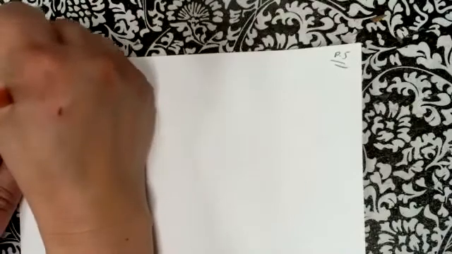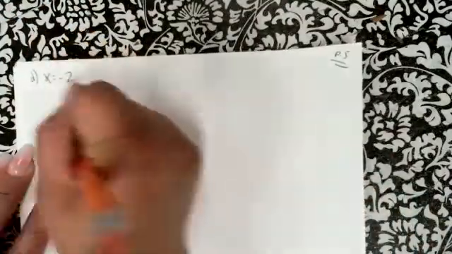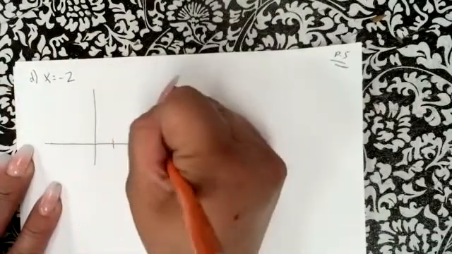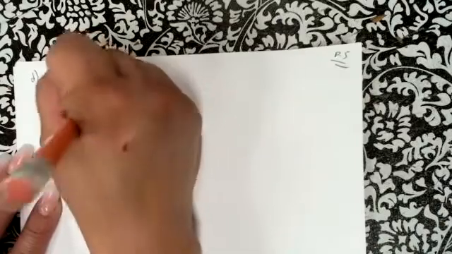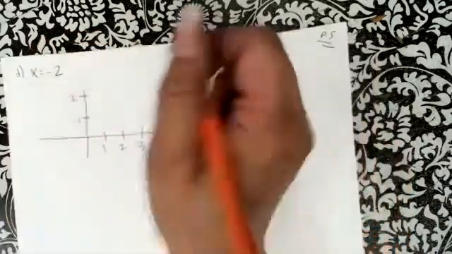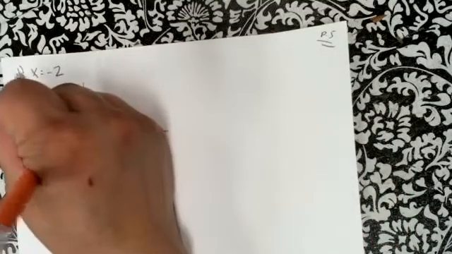I'm going to revolve it around the x equals negative 2 line now. Now the x equals negative 2 line happens to be right here.